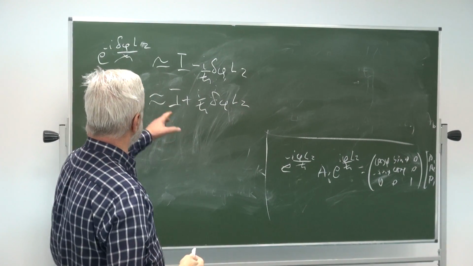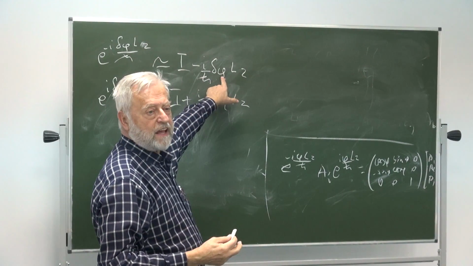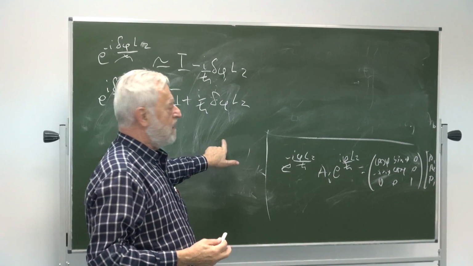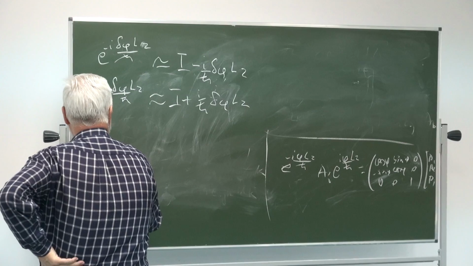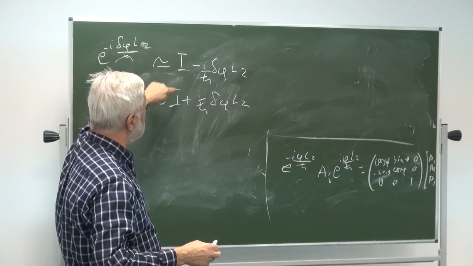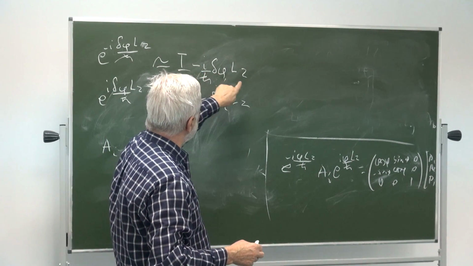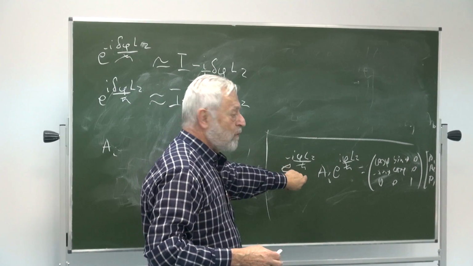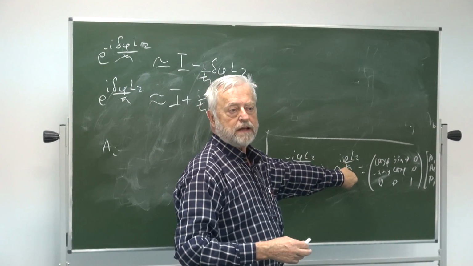Now, what you see is that if I restrict my attention now to the linear terms in delta phi, then what I will get out of this calculation will be A_i, and that is from multiplication of this fellow times this fellow, and linear terms will have Lz once on this side, and from this fellow it will be on this side.